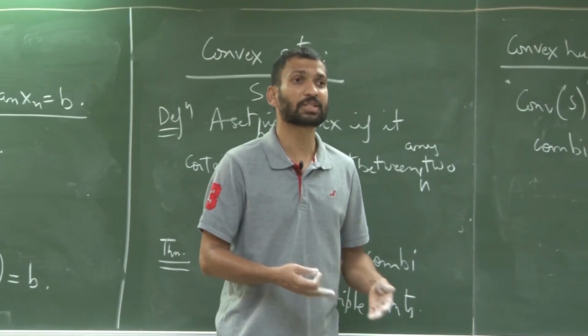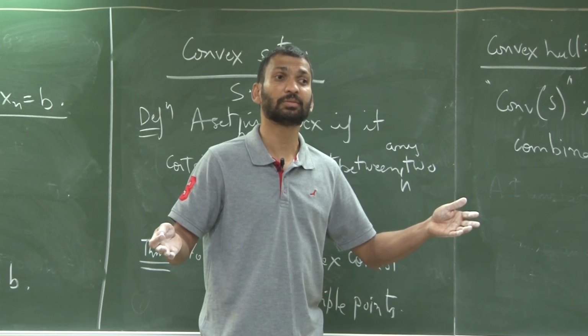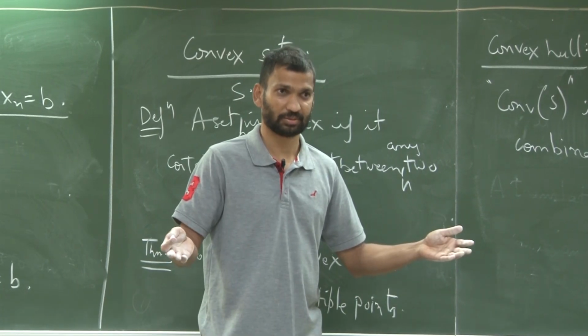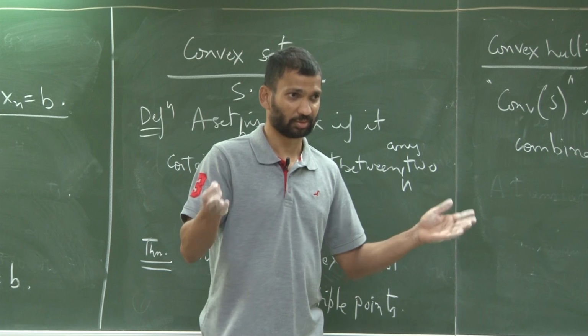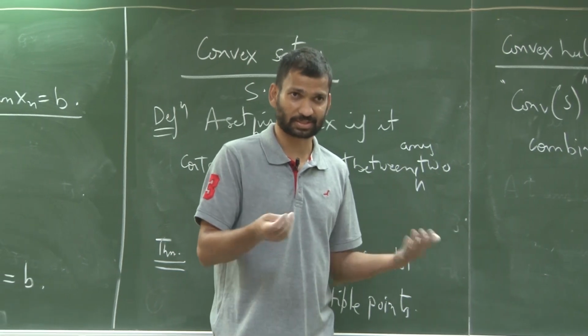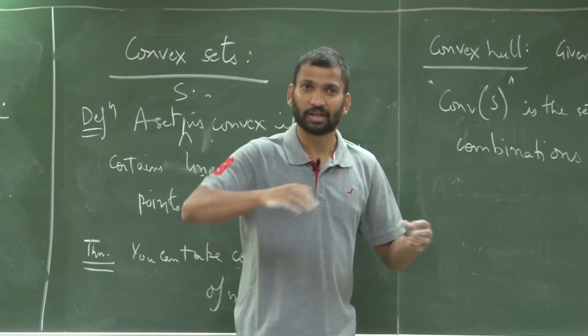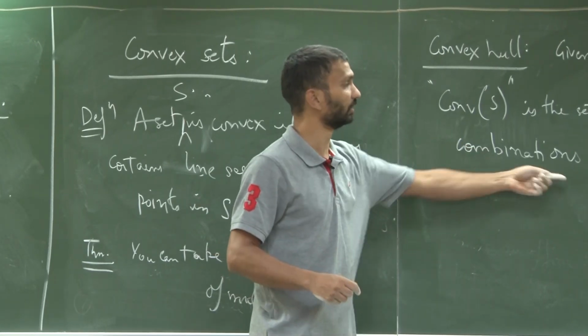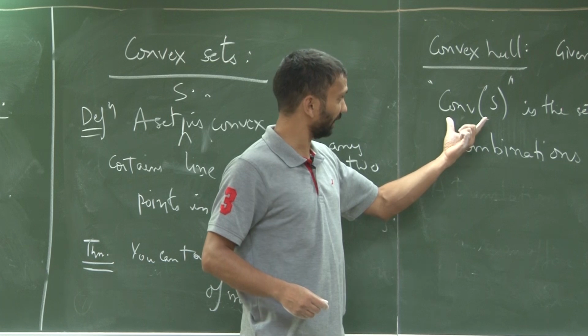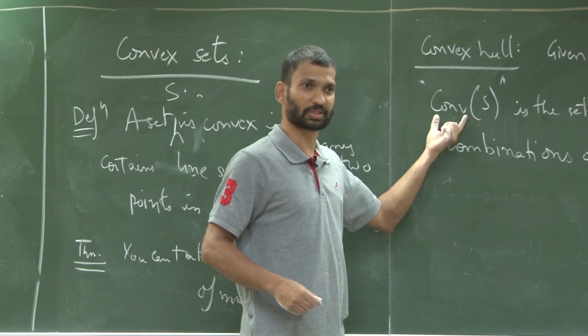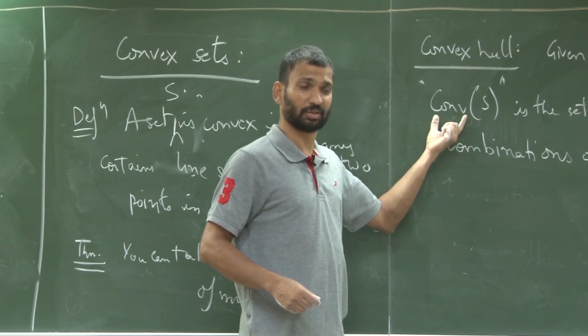So what is the convex hull of 2 points? A line segment. That's okay, right? This we have seen multiple times. That's the simplest case. But in general, I can have multiple points. And if I take a convex combination of everything in that set S, that's called the convex hull of S.